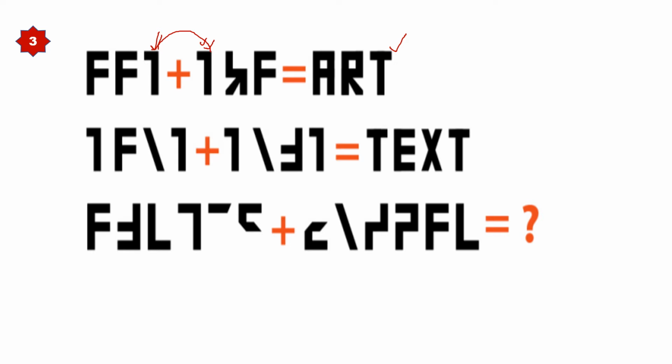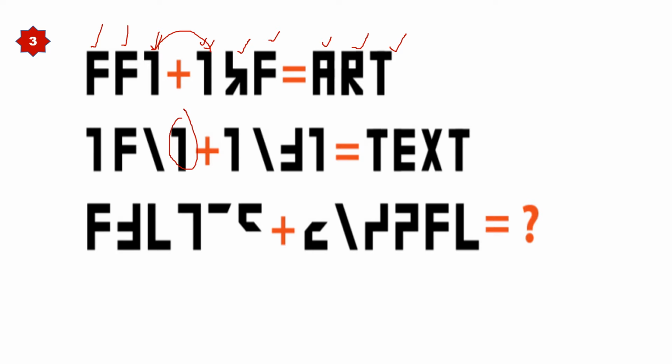Now take this one and the mirror image of this. Then we will get R. Then this one, mirror image of the last one. Then we will get A. Isn't it? Art. So like that way we can think.